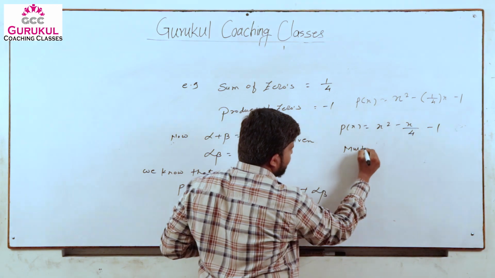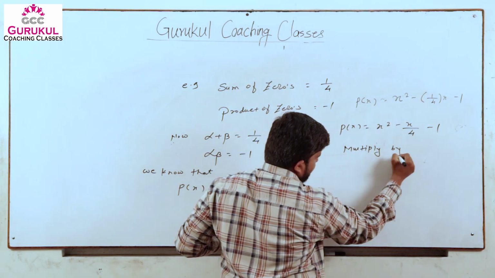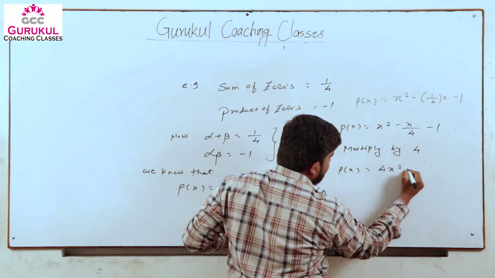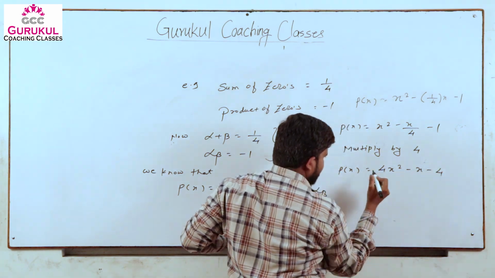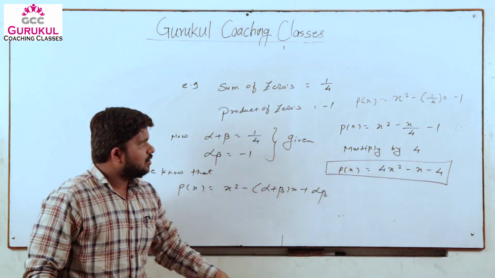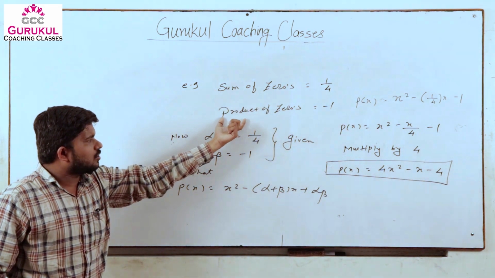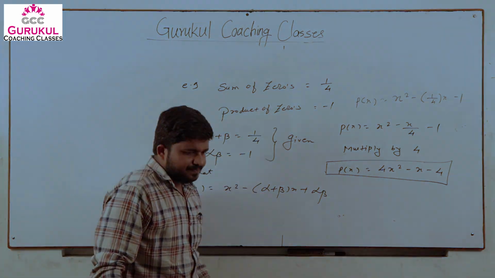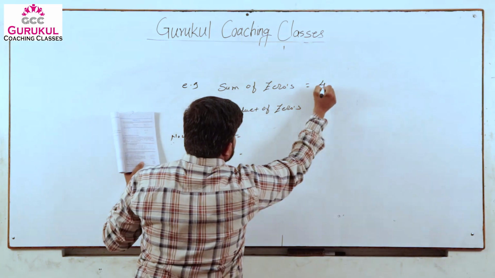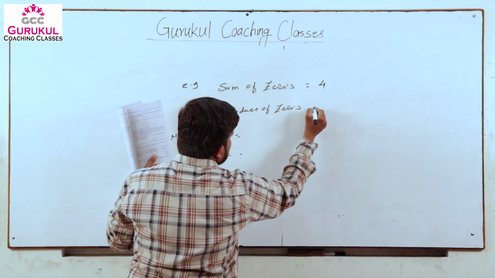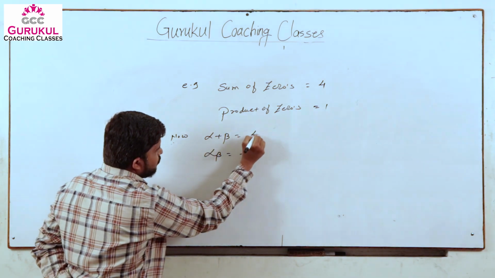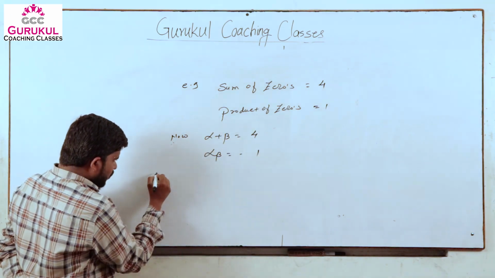Multiply by 4. So P of x is equal to 4x square minus x minus 4. This is the required quadratic polynomial where sum of zeros and product of zeros are given. Second example, similar. Sum of zeros 4, product of zeros is 1. Now alpha plus beta is equal to 4, alpha into beta is 1.